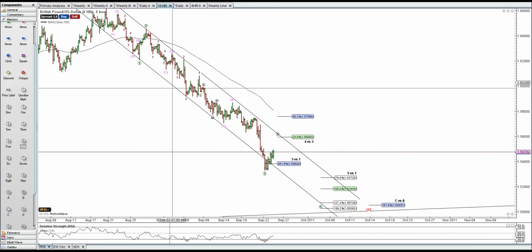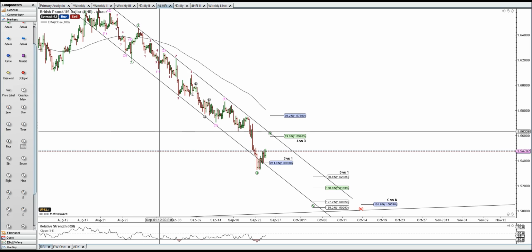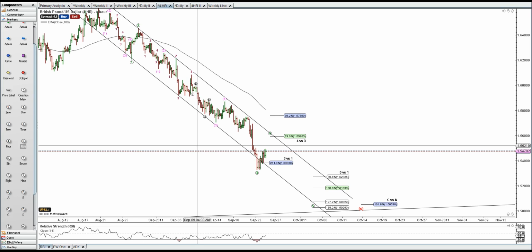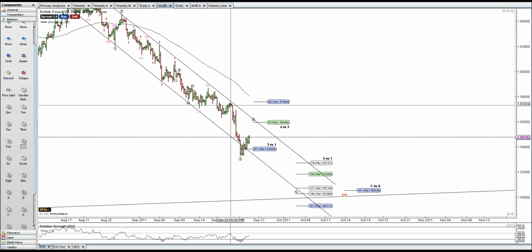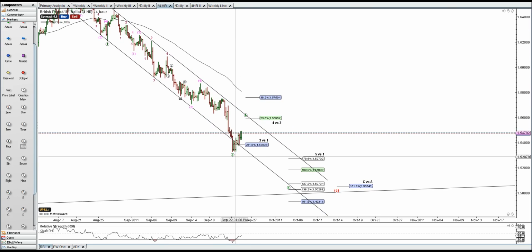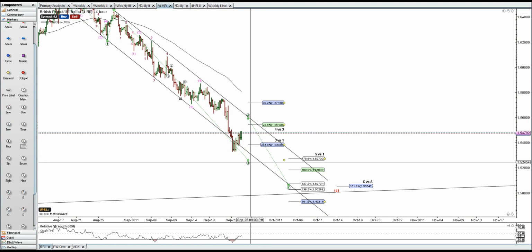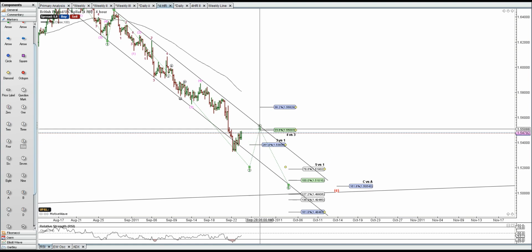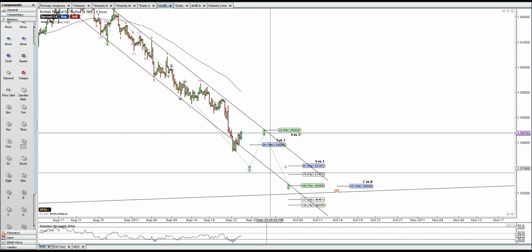There's so many extensions going on in here. I'm thinking this is like a 1, 2, 1, 2, 3, 4, 5, and 3 is not actually done yet. 4, 5, and 3 way down here, and then you have a 4, 5 equals 1, right about 50-50.